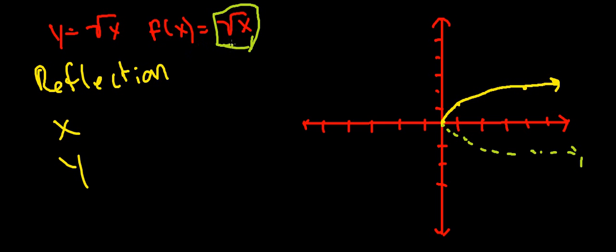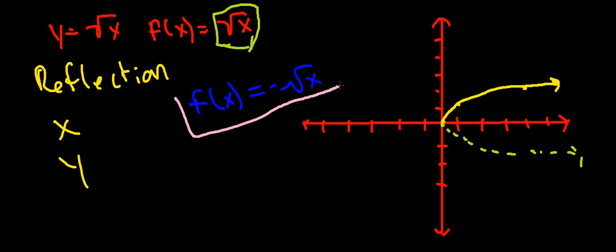Well, what we would have to do is multiply it by a minus after, and that is what causes a reflection. So a reflection would be minus f of x. Actually, that's a little bit hard to see in blue, but that's what this would be.